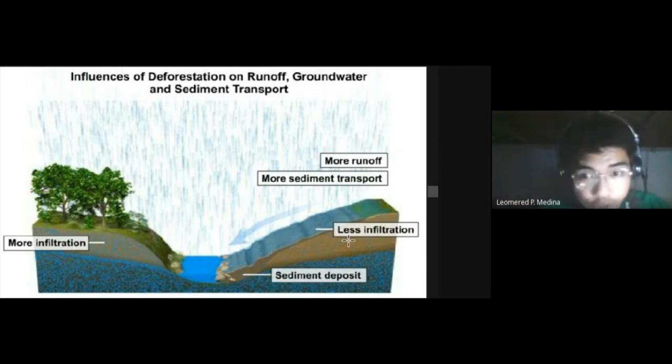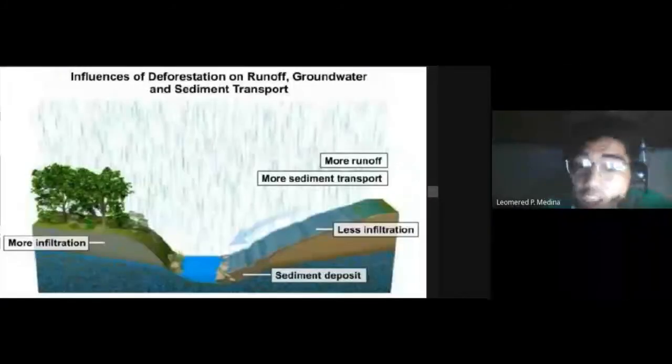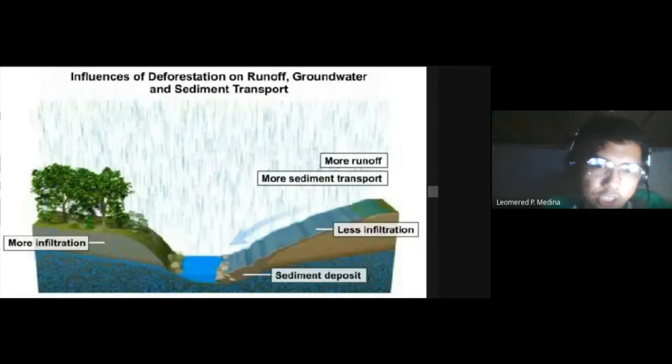There will be erosion. Okay? So, because of the presence of erosion, sediments will simply be deposited in different locations. If this will simply end in bodies of water, it can also cause clogging of these waterways, which later on could result to flooding in different areas, different locations.